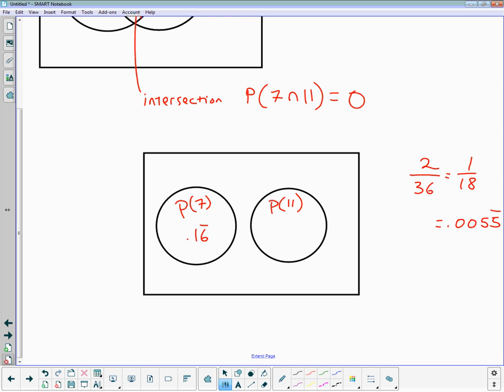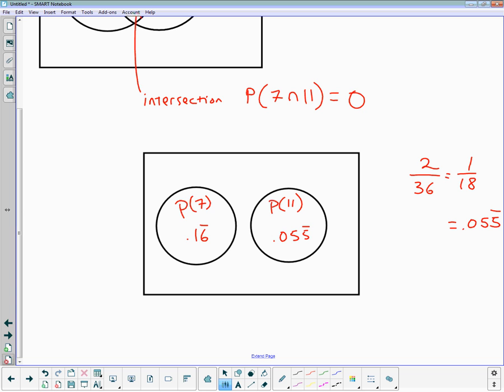I think I got a decimal point error. So a little more than 5.5%, and a little more than 16.5%.